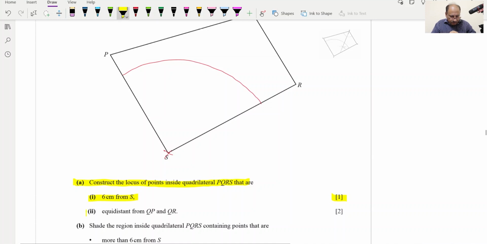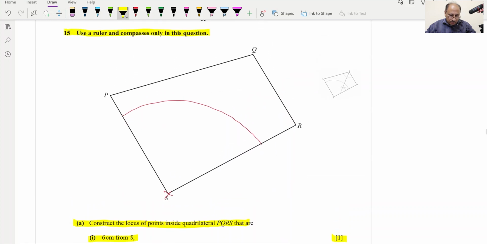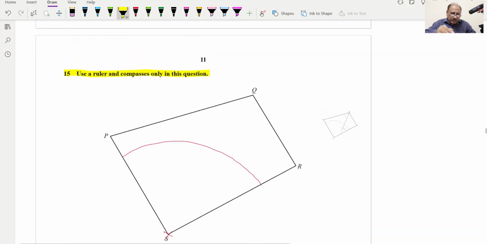Second step is equidistant from QP and QR. For that we need the angle bisector of PQR, this angle. For that, first of all we put the compass at Q and make an arc, and we can draw it like this.